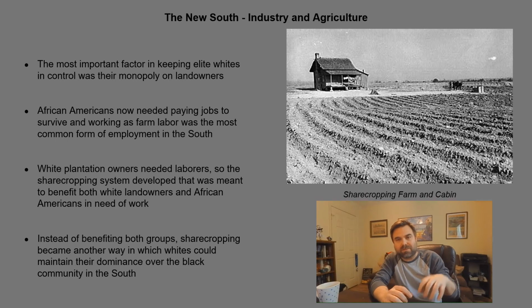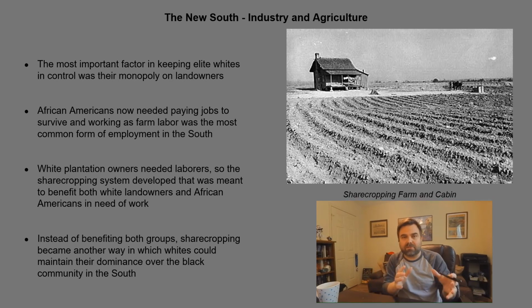Because the people with the land in the South, for the most part, or who owned large parts of land anyway, were rich white plantation owners who had used slaves during the pre-Civil War period to prosper, to grow cotton, to grow rice and indigo and things like that, and tobacco, to use slave labor to make their money. And now after the Civil War, well, all of a sudden, that slave labor's gone. Who is going to bring in the cotton now in the South to keep me rich as a landowner?